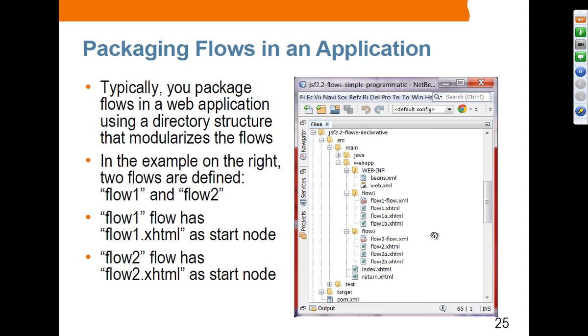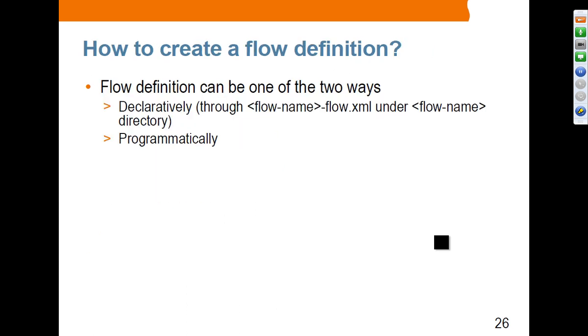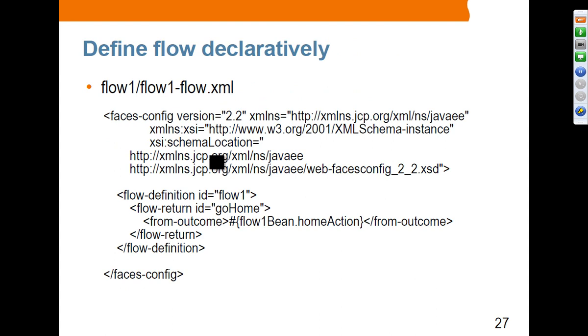That means it is the flow definition file for that particular flow. In this case, both flow definitions are created in the form of XML files. You can also create them in the form of Java code, and we're going to see that example later on.